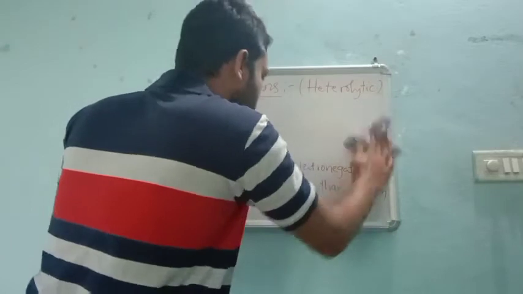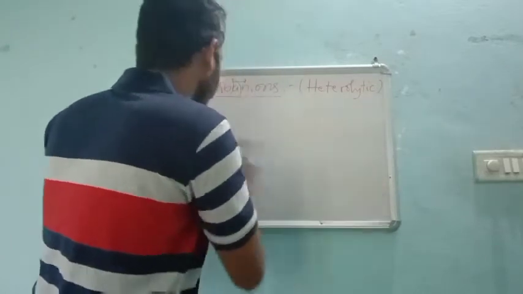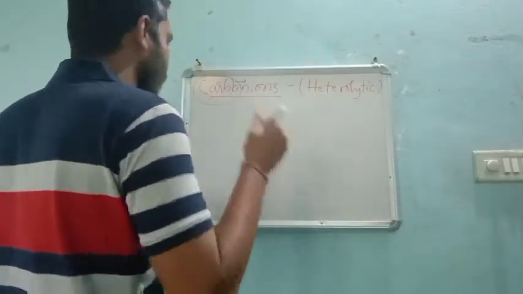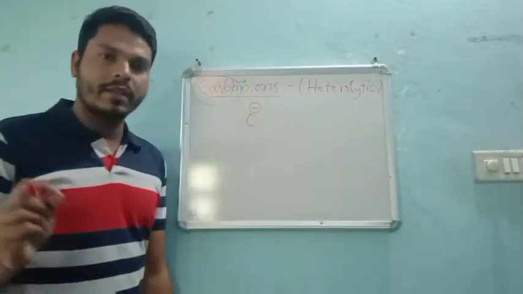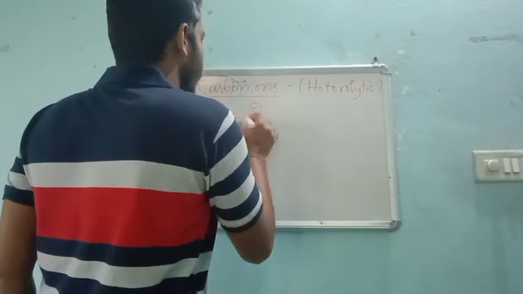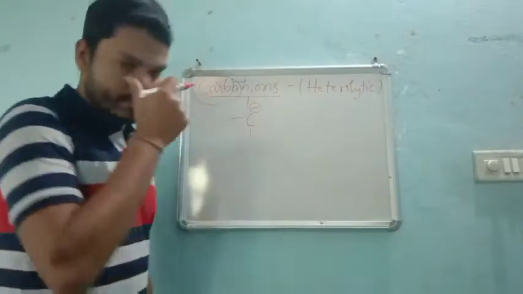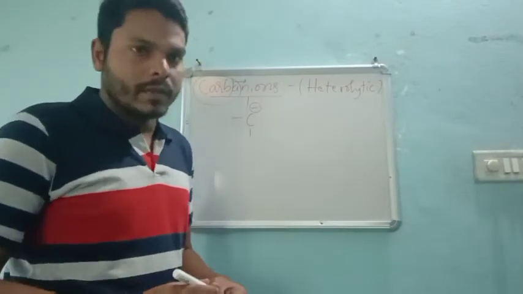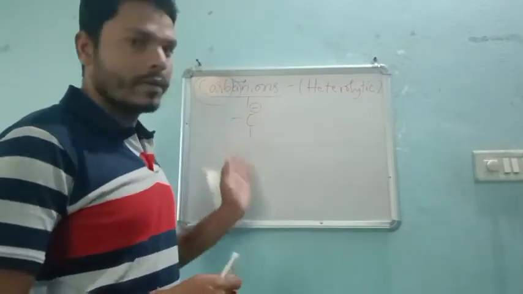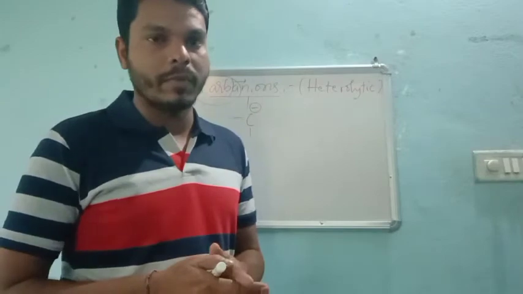Now you can define what carbanions are. Carbanions are nothing but carbon with a negative charge on it. The carbon which carries a negative charge, those types of carbons are called carbanions, right? So I explained how these carbanions will be formed.